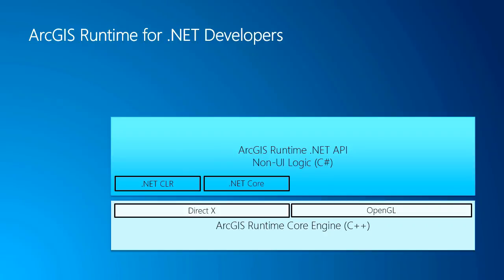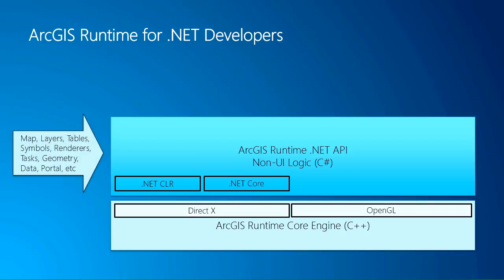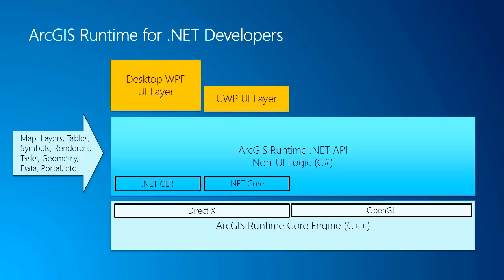We built on top of that really a managed layer that gives us a common .NET API. So we have a common .NET API for non-UI objects. What do those look like? Well, map layers, tables, symbols, renderers, geometry, and such. A variety of different types, classes, objects that exist in managed space. Now on top of that, for .NET developers, we're supporting WPF and UWP. WPF for Windows 7, 8, 8.1, and 10 desktops, and UWP for Windows 10, Universal Windows Platform.